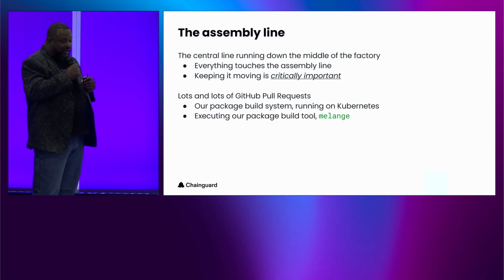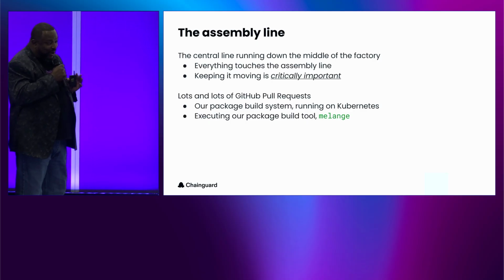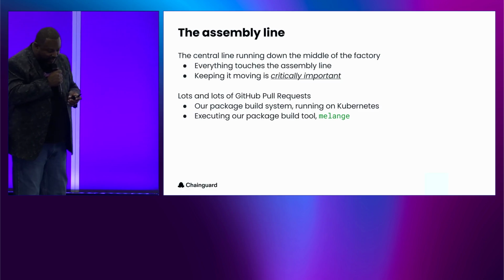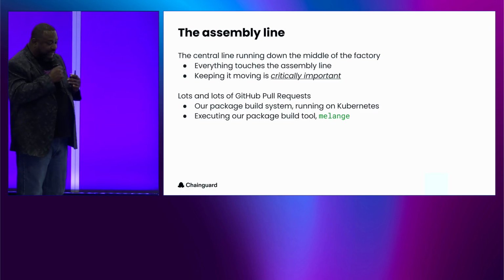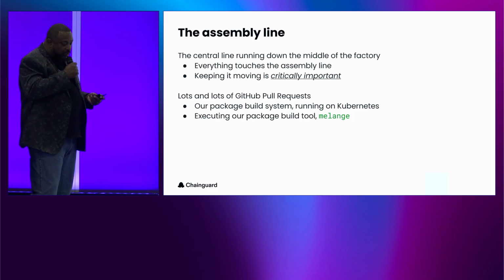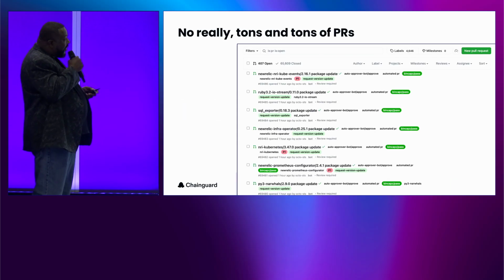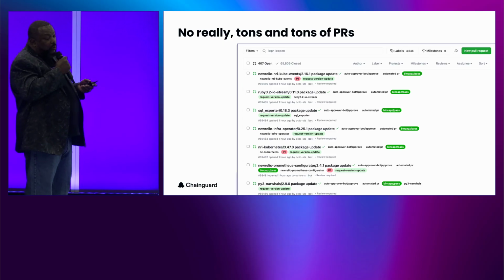Most importantly, we have a lot of GitHub PRs, and I'm going to dive into those in a second. Also, our package building system is running on Kubernetes, and in the background, we're executing our package build tool called Melange.